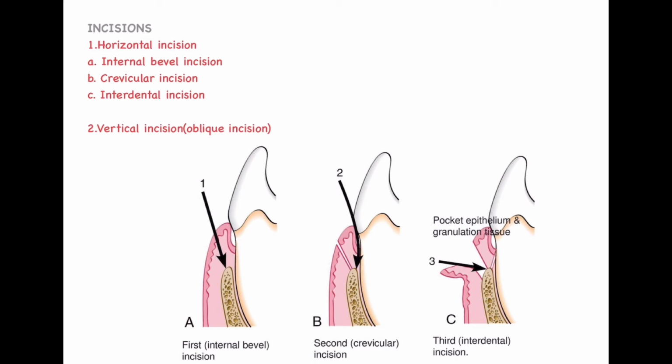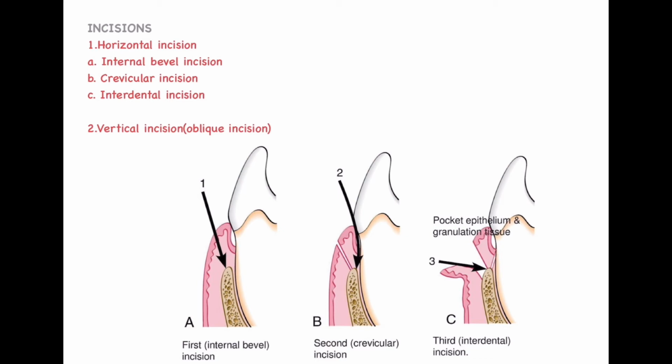If incisions are improper, that means there will be poor wound healing and other complications may also occur. Therefore incisions are of utmost importance. In perio we can broadly classify these incisions as horizontal as well as vertical incisions. These vertical incisions are also called oblique releasing incisions. Why they are called releasing incisions, we will see in the upcoming slides.